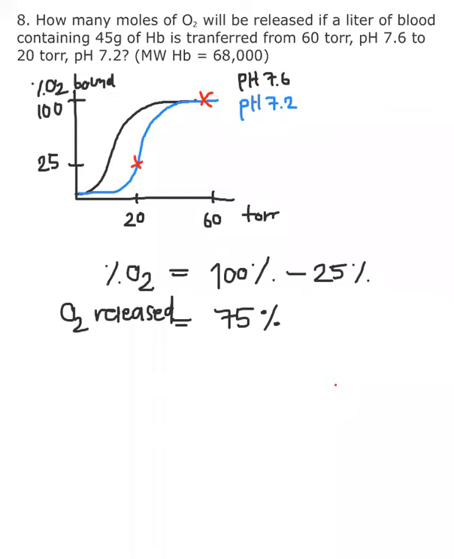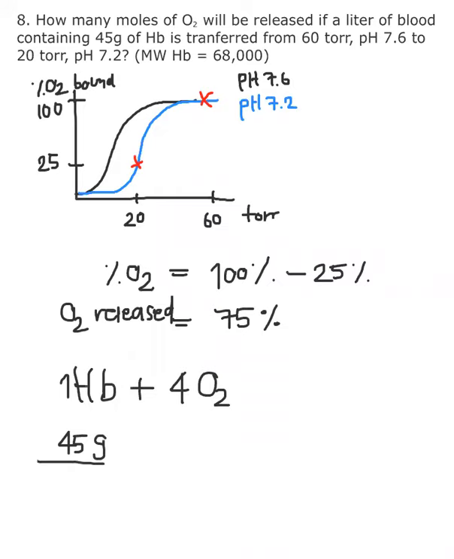So next we have to look at the reaction between the oxygen and hemoglobin. So we know that one hemoglobin has to bind to 4 oxygen, right? So 1 mole of hemoglobin will bind to 4 moles of oxygen. Since our hemoglobin is 45 grams, we have to change grams into moles.